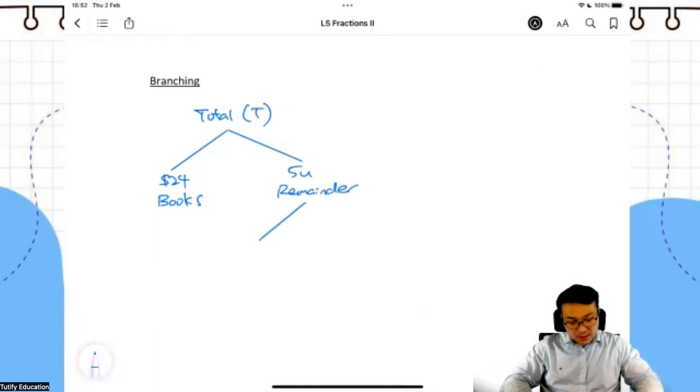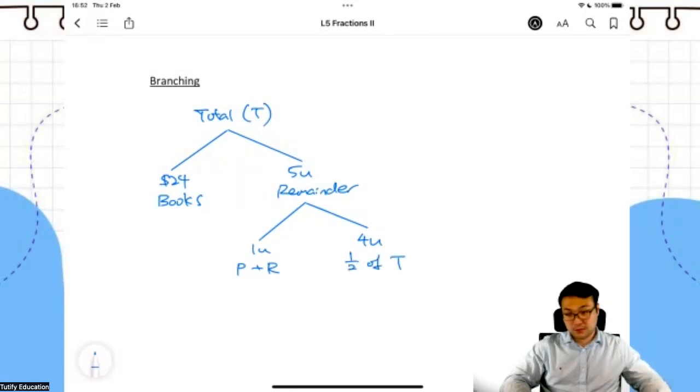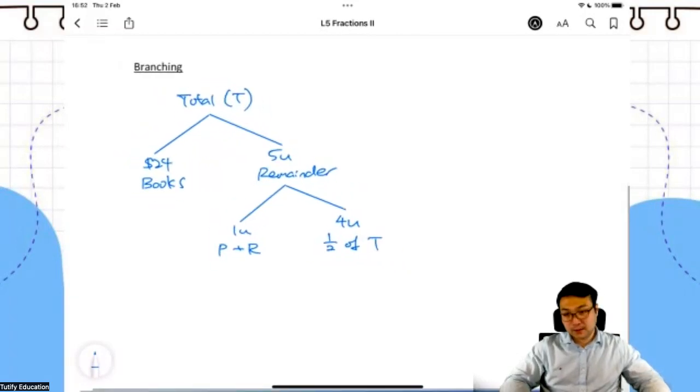Now, the question says that he spent 1/5 of the remainder. 1/5 of the remainder is being spent on a pen and a ruler. That means the other 4 units, they said that this is actually half of the original amount. So that's how your branching should look.